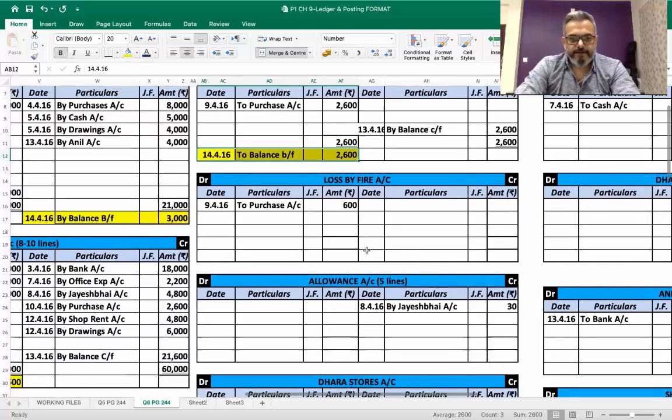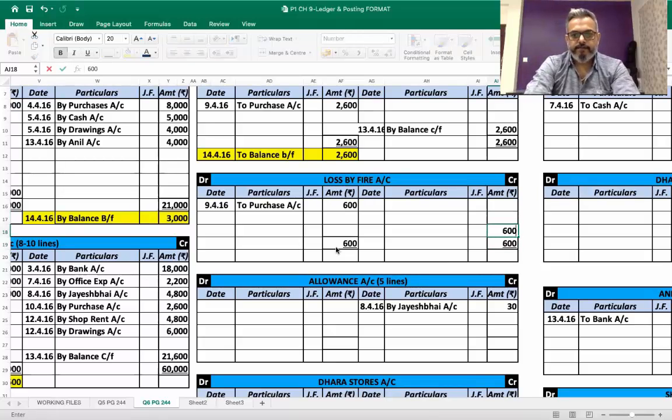Loss by fire. So again, very simple. 600 debit, 600 on the credit side, and balance is also 600. Do it on your own, please. By balance carried forward.